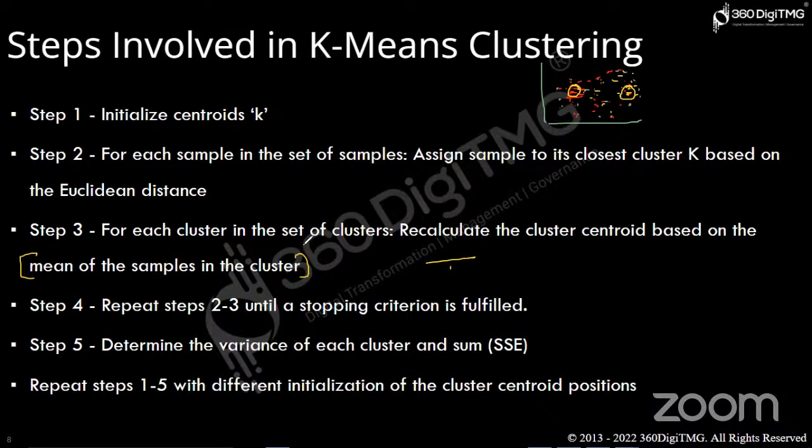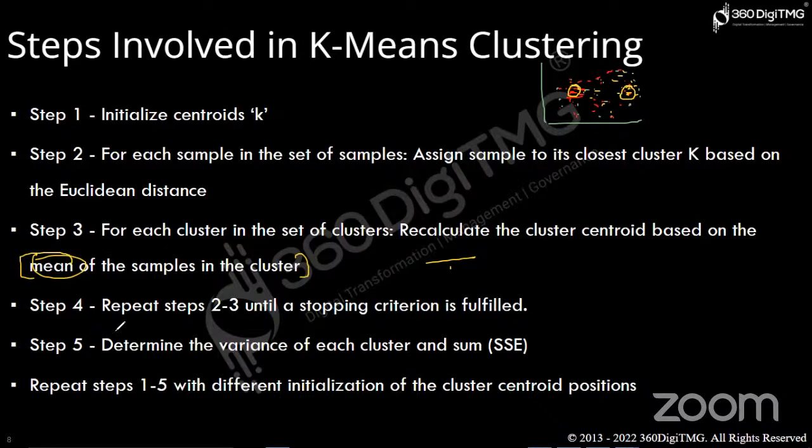Based on the mean value, I am going to get two different centroids again. I am going to take those centroids and steps 2 and 3 will be repeated until the stopping criterion is fulfilled. That means at some point, my mean value will not change. It remains the same. So until then, we have to continue the process.